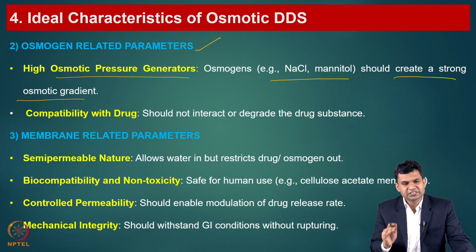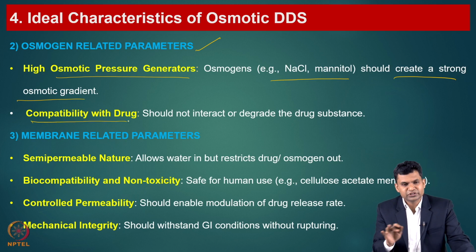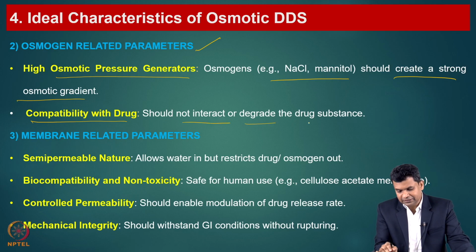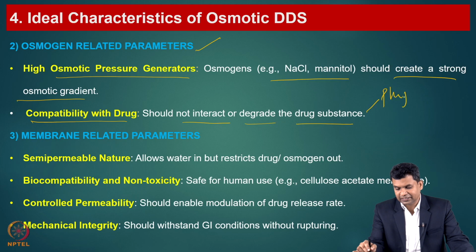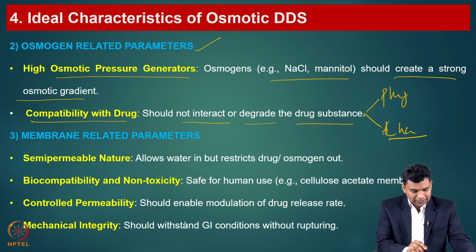The osmogens also need to be compatible with your drug; they should not interact with or degrade the drug substance, and should not physically or chemically affect your drug molecule.